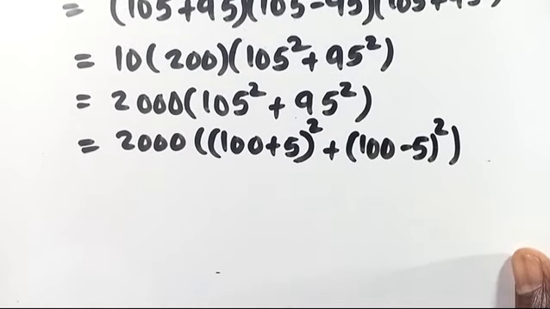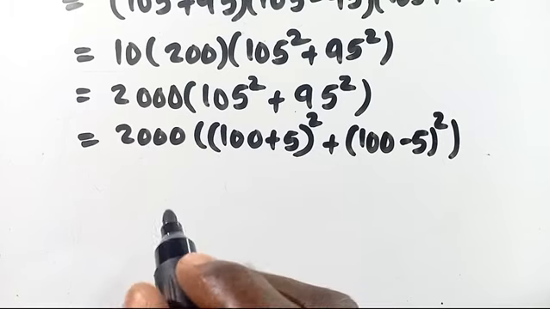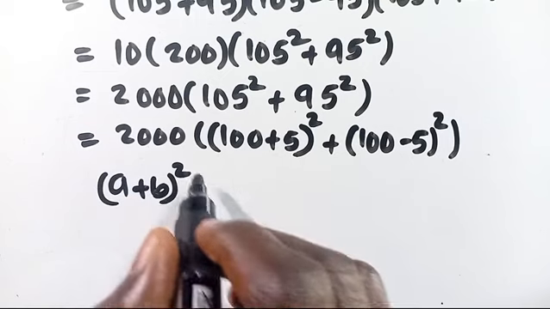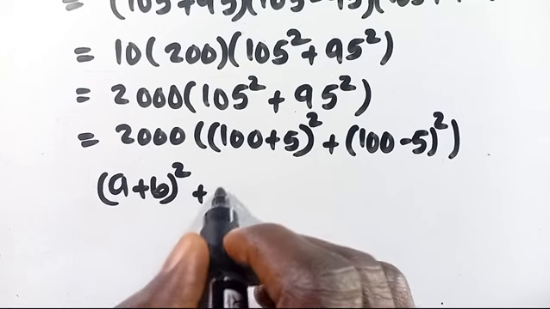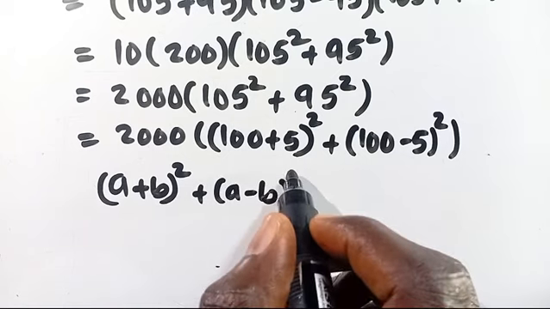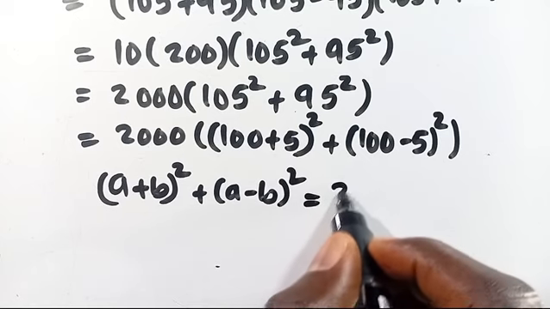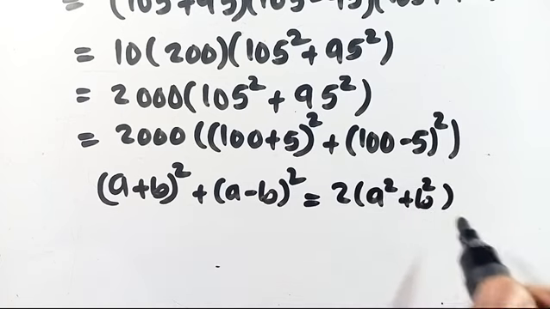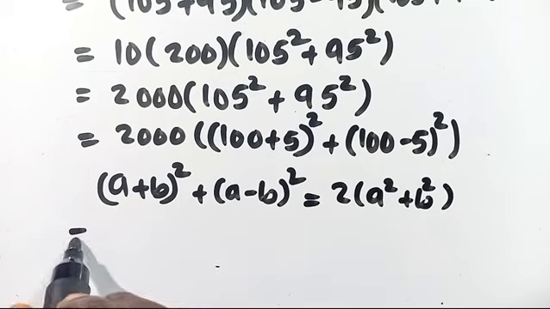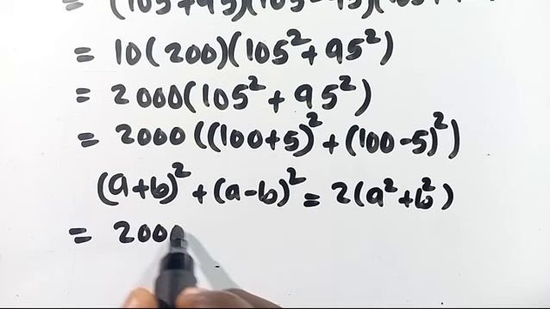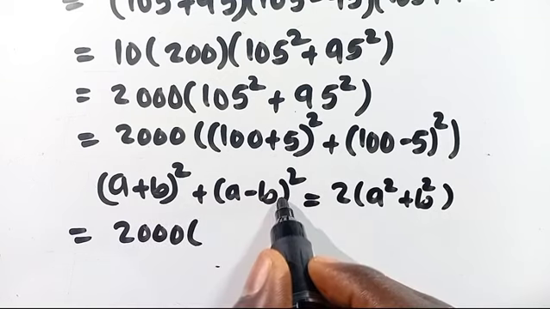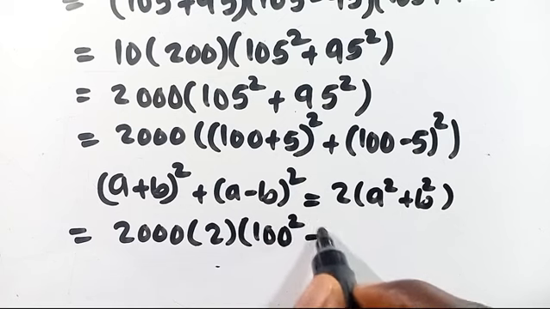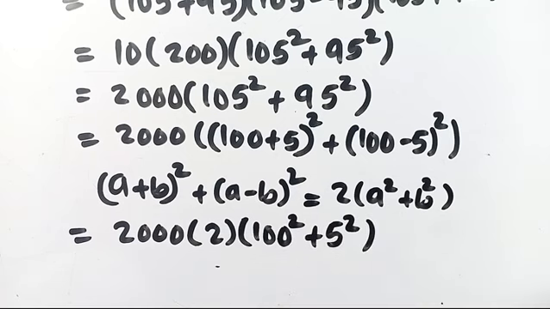Now let us recall that anytime you have a plus b in parentheses squared, plus a minus b in parentheses squared, this always equals 2 multiplied by a squared plus b squared. Now from here we have 2000. Looking at this expression, equivalent to this, we're going to have 2 multiplied by 100 squared plus 5 squared.